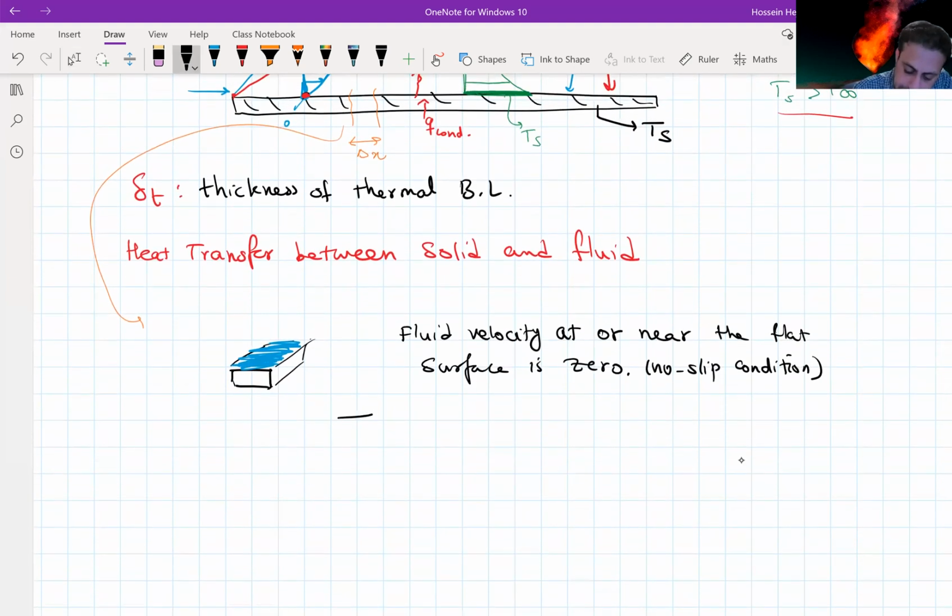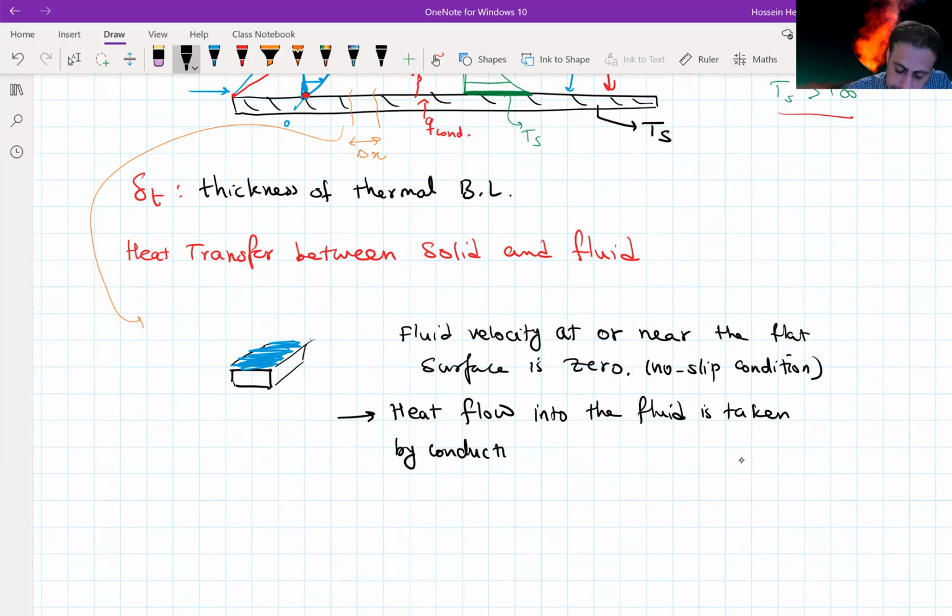And because of that, heat flow into the fluid is taken by conduction just in the vicinity of the solid, and then after that we have convection. What does that mean?